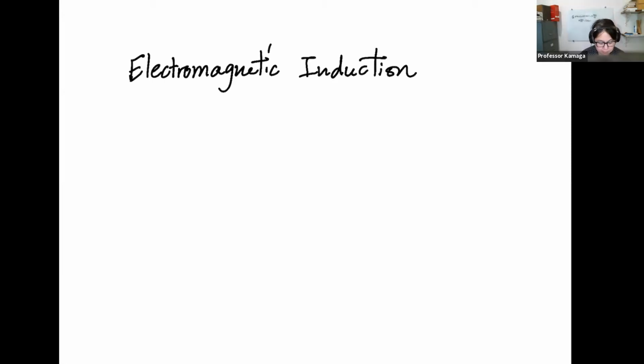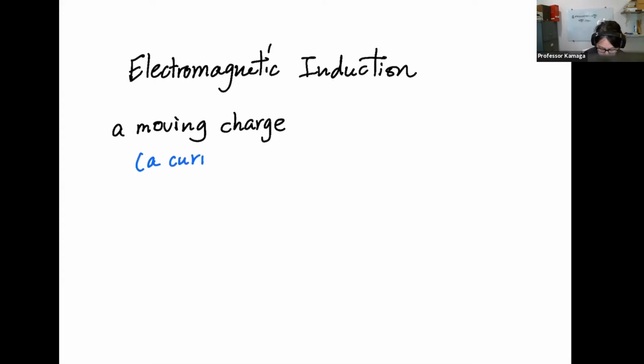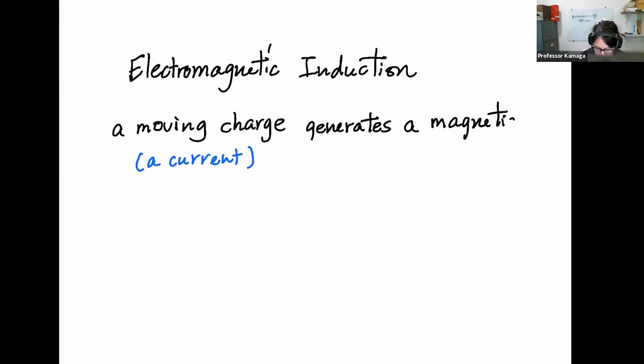What we have seen in the previous chapter is a moving electric charge, right? This is also called a current. So again, it has to be moving, not just the electric charge, and this generates a magnetic field. dq/dt generates a magnetic field.